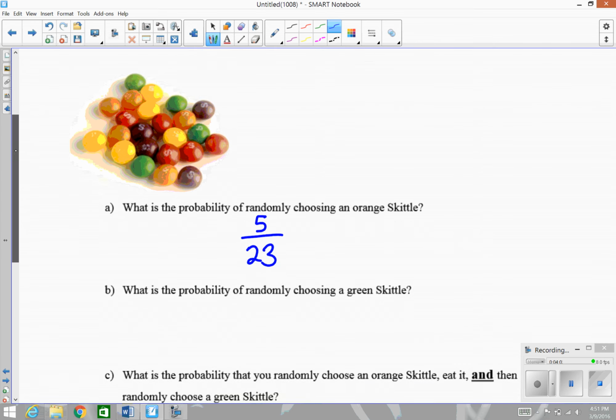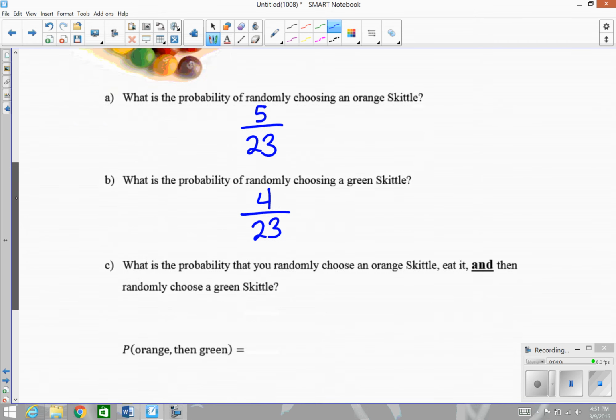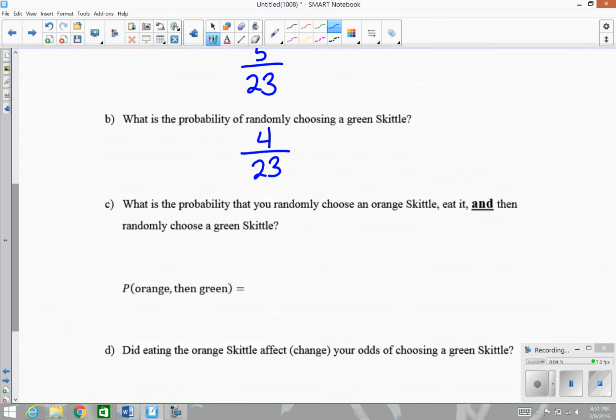What is the probability of randomly choosing a green? There were 4 green out of 23 total. What is the probability that you randomly choose an orange Skittle, eat it, now it's gone, and then randomly choose a green Skittle?